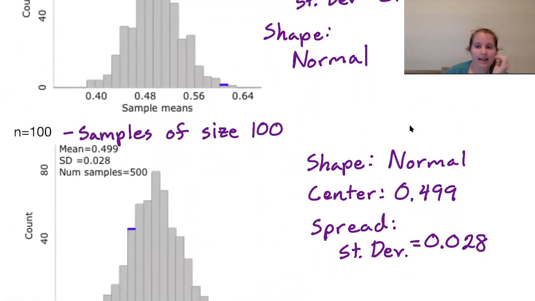It actually turns out that for standard deviation, we just take the population standard deviation and divide by the square root of n, and it gets what should be our standard deviation.